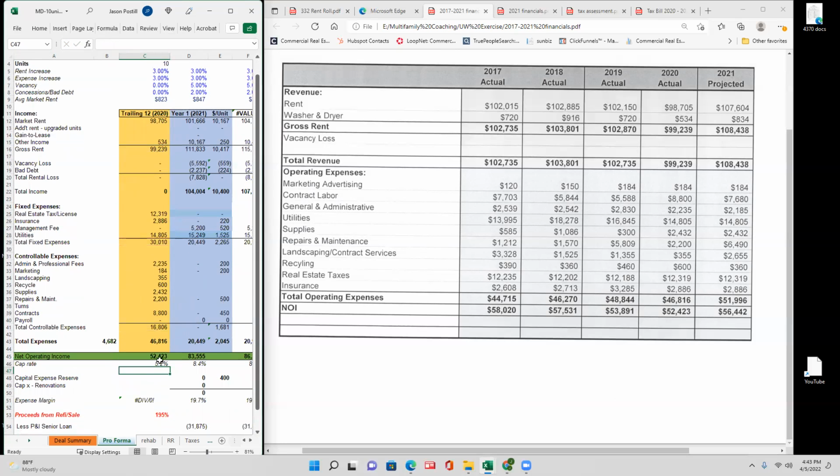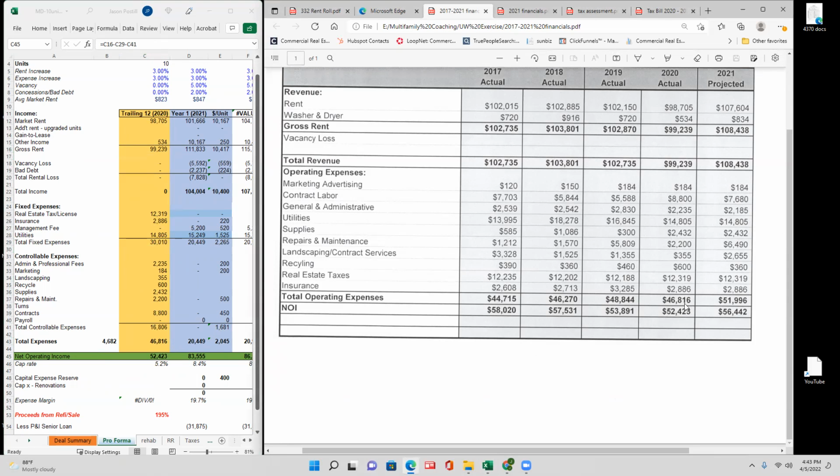You follow me? Like this expense, all you have to do is click down here and the formula will tell you. The net operating income is the income, the rents, minus the expenses, but this broke it down twice. So it subtracted the fixed expenses and the controllable expenses, right? And then there's the net. So the NOI is 52,423.